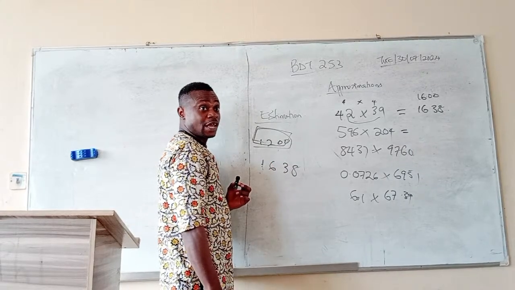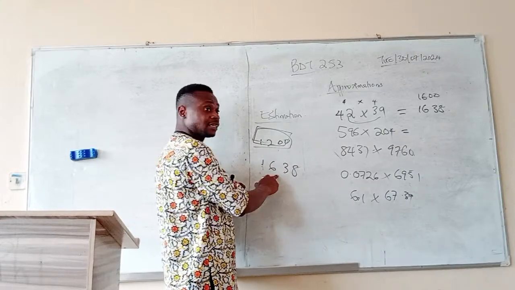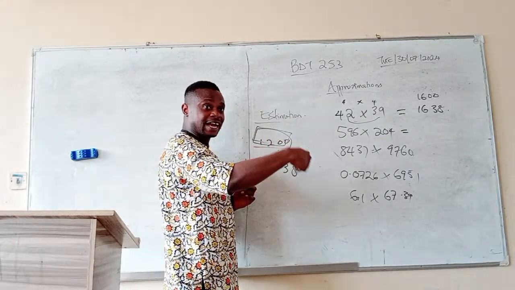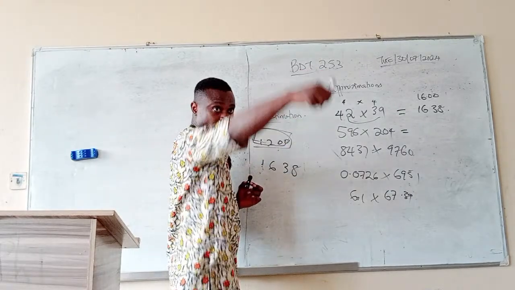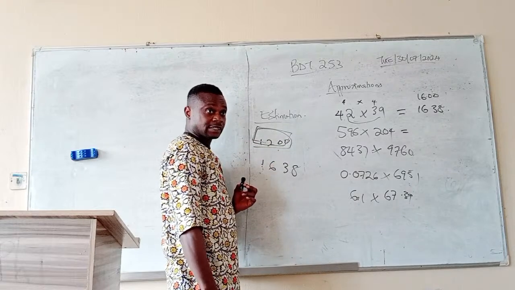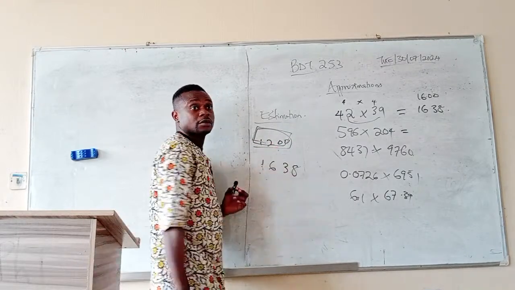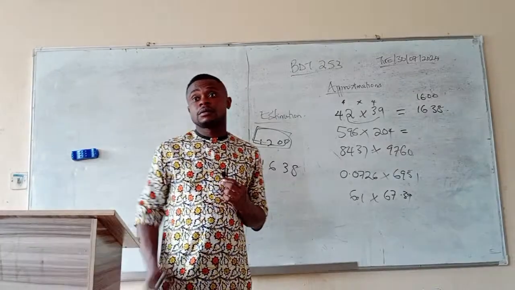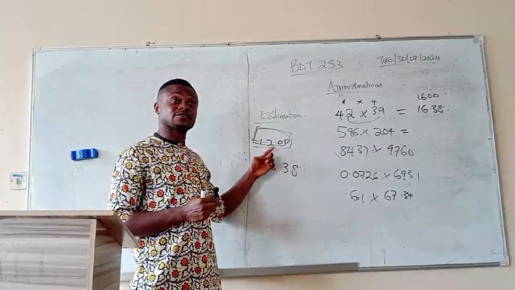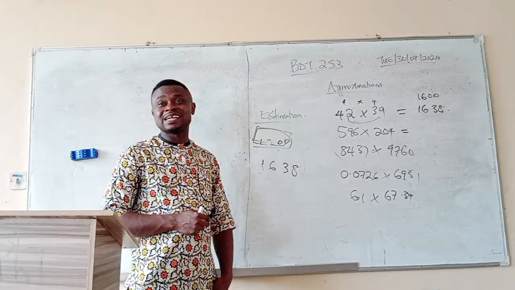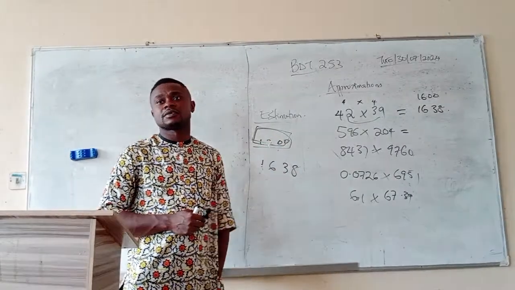Even if it's not exactly 600, the approximation should give you around that 600. Am I communicating? It's not that wonderful. Do you know how many numbers you left and got down to? It's not that wonderful.